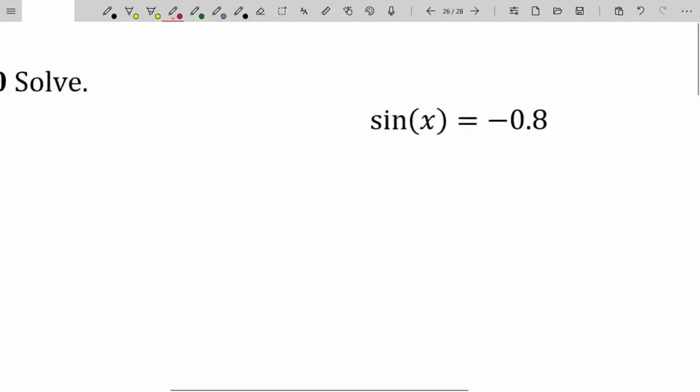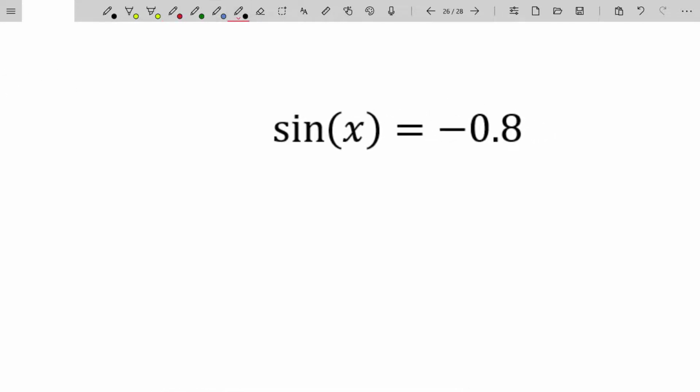So we'll start by saying that our reference angle is equal to the sine inverse of 0.8, not -0.8, but 0.8. Because again, reference angles can't be negative, and sine inverse of a -0.8 would return a negative angle.